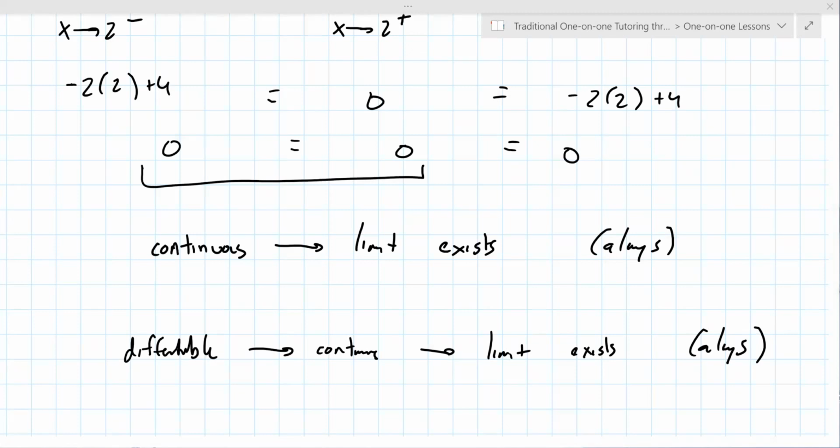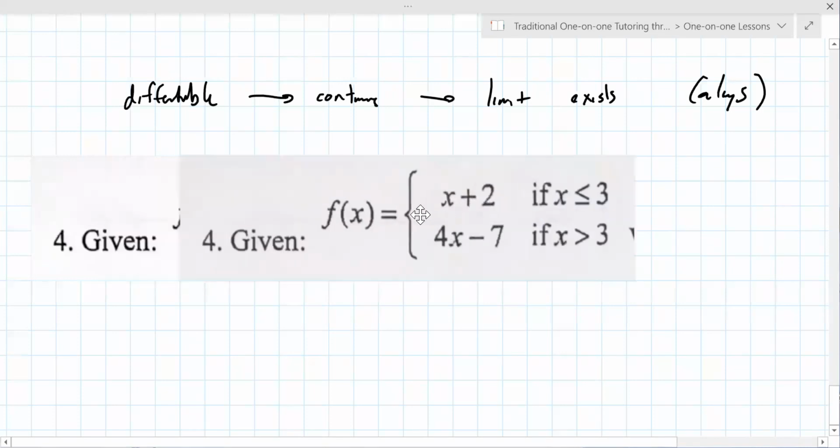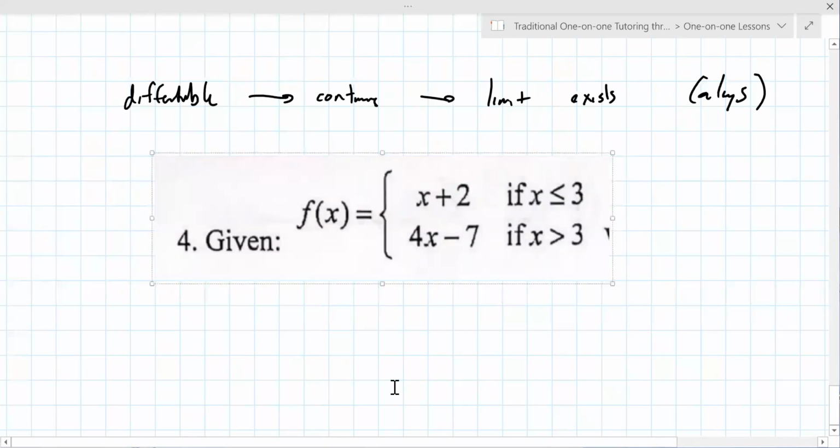Okay, so this one's easier because it's got less going on. I'd like you to do the same quick analysis. Tell me what's happening at 3, as much as you can. Is it differentiable? Is it continuous? Does the limit exist? Go ahead and try this one on your own, please.